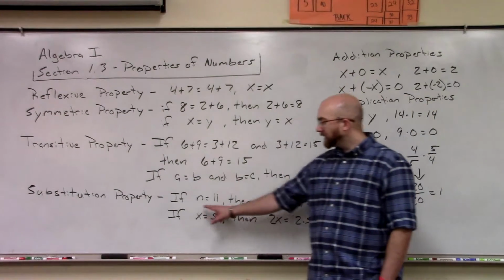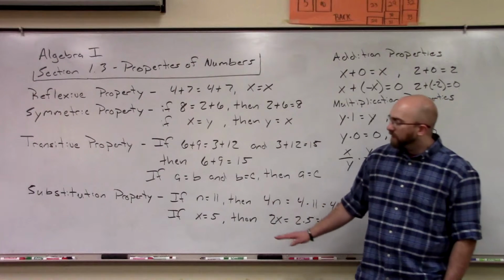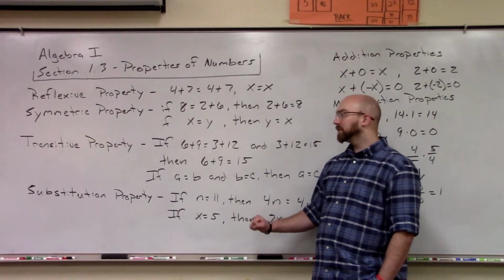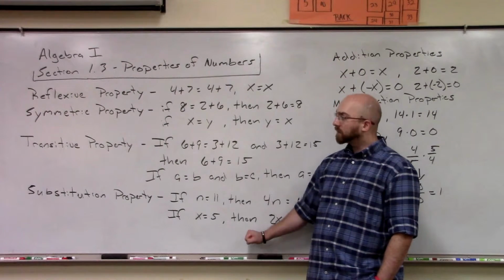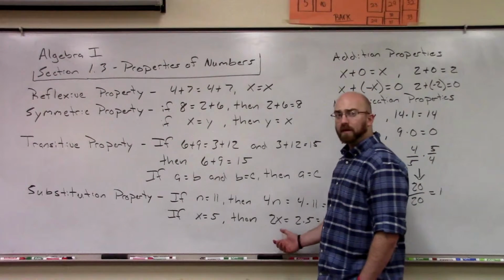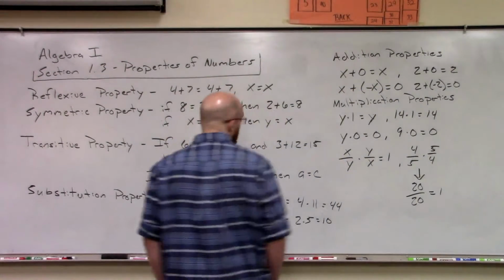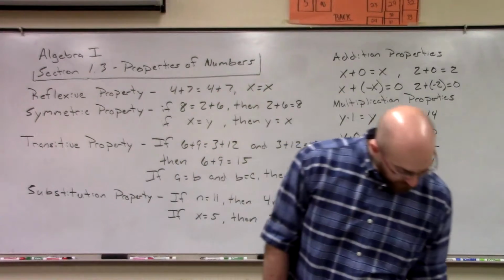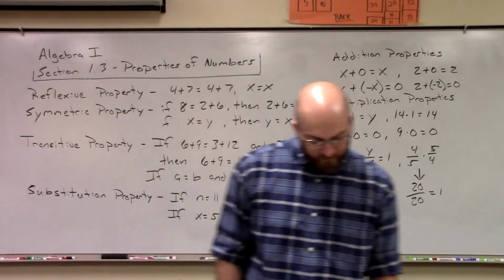I just plug this number into that variable. The substitution property is huge, and you will use it more than a bunch from here on out. Whenever you have a formula, you're using the substitution property. The book says a quantity may be substituted for its equal in any expression.